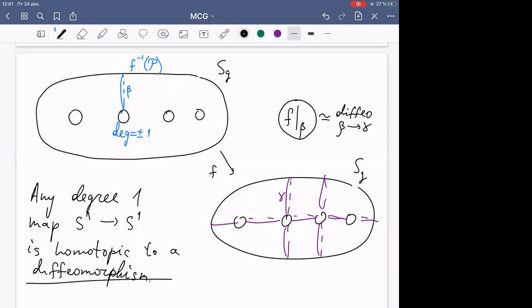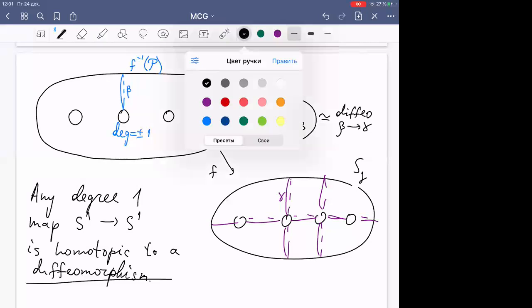It is not hard to see that this homotopy can be extended. Actually, any homotopy from a circle can be extended to the whole surface. I don't want to prove this in detail.